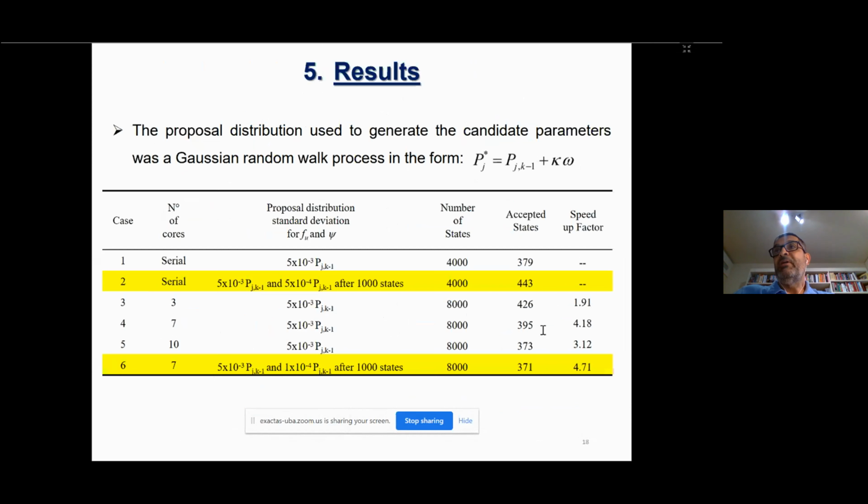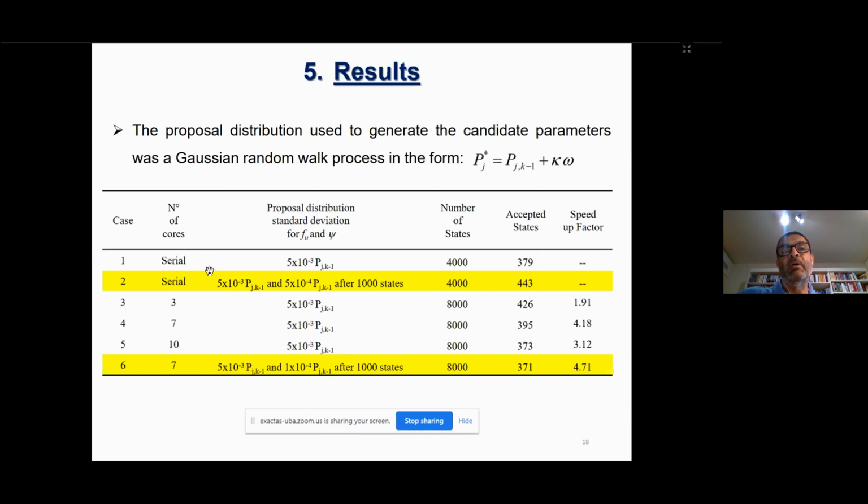For the implementation of the estimation procedure with the simulated measurements, we examined 6 cases. The first 2 cases involved the serial Metropolis-Hastings algorithm, while the other 4 cases involve the parallel version of the Metropolis-Hastings algorithm with 3, 7, and 10 cores.